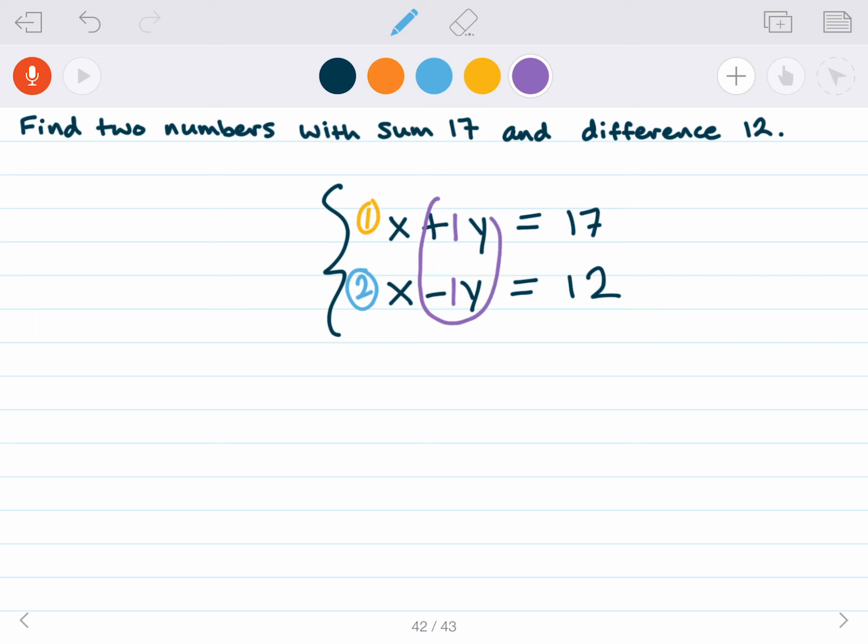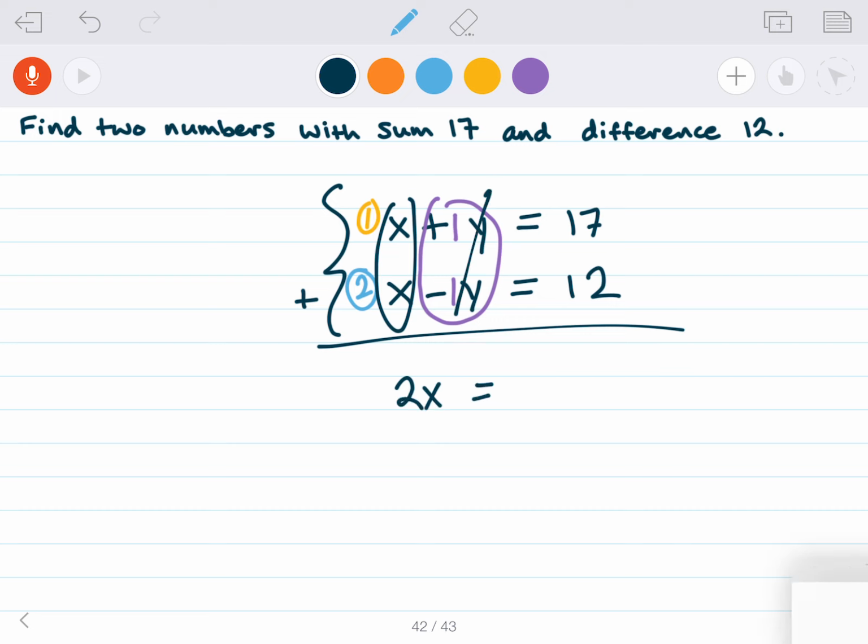And so that tells me I can eliminate this pretty easily by just adding straight down. So 1x plus 1x is 2x when I add straight down. These cancel when I add straight down. 17 and 12 adding is going to be 29. And what I can do to both sides is divide both sides by 2. So 29 divided by 2 is going to give me 14.5.